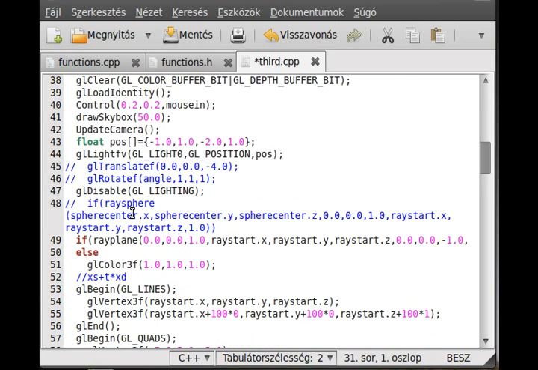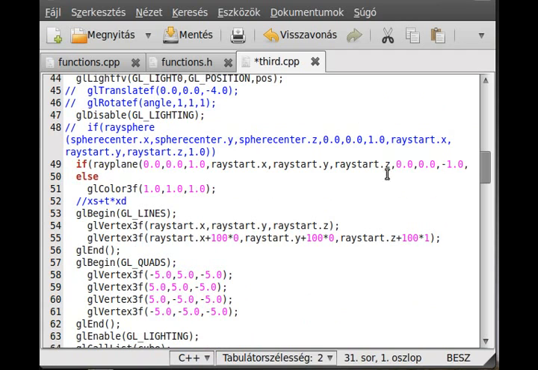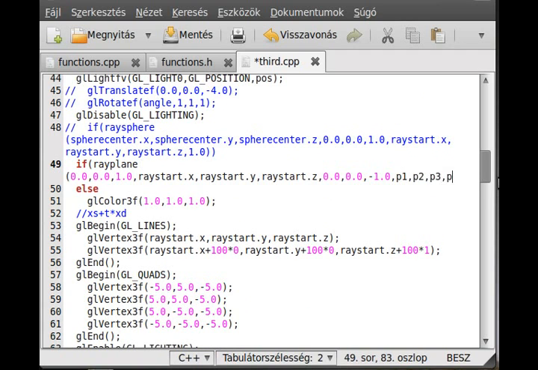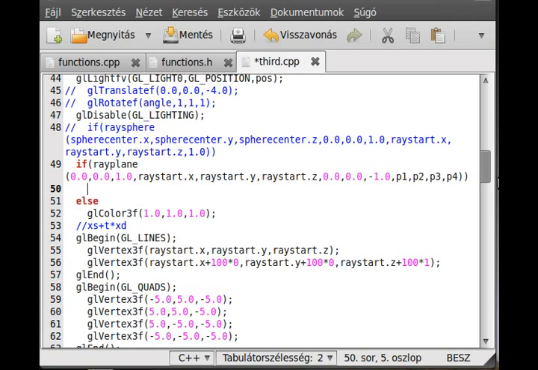And now I just give these parameters to the ray plane. Okay, so I give p1, p2, p3, p4, and that's it. Okay, so if it is true, then we change the color to red again.